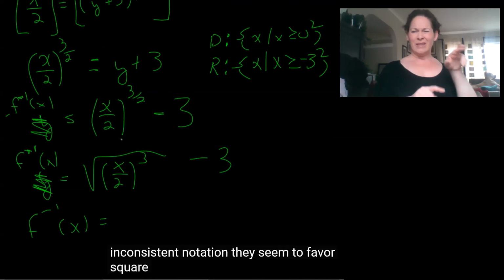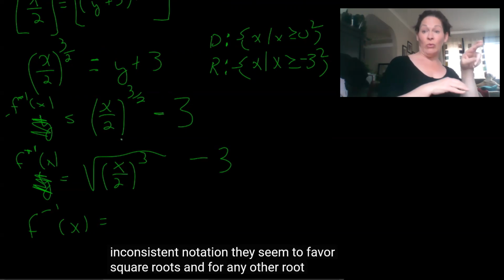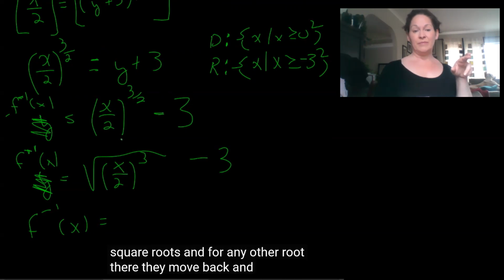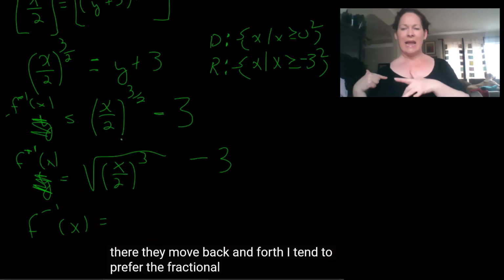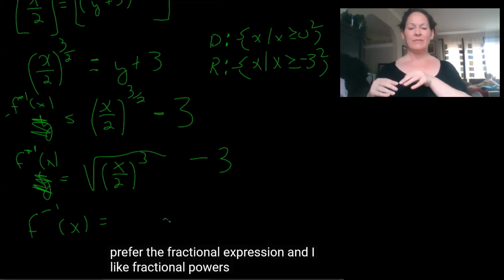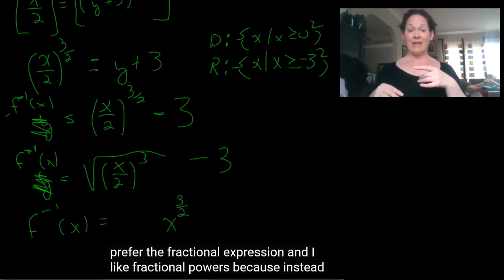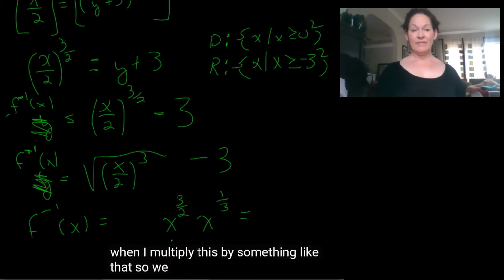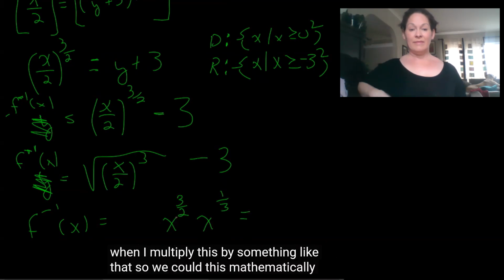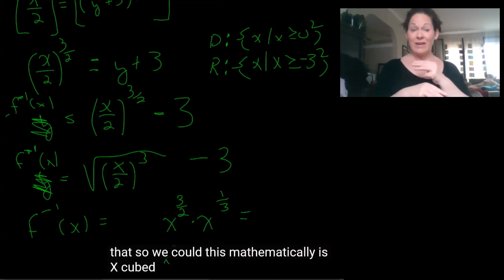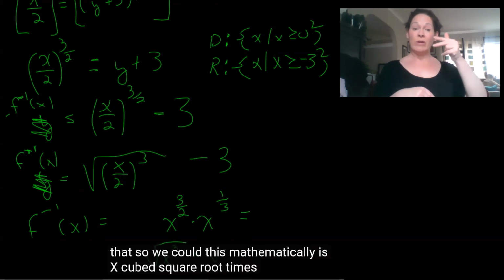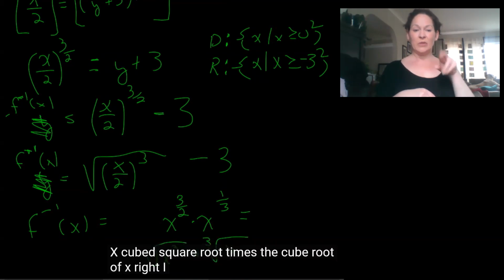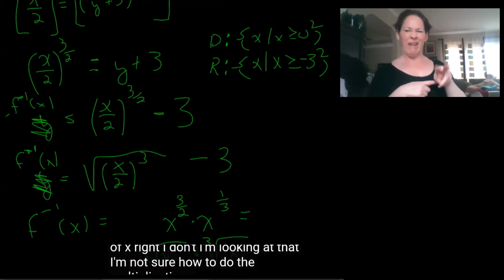They seem to favor square roots, and for any other root, they move back and forth. I tend to prefer the fractional expression, and I like fractional powers because instead of saying the square root of x cubed, when I multiply this by something like that, so this mathematically is the square root of x cubed times the cube root of x, looking at that, I'm not sure how to do the multiplication.